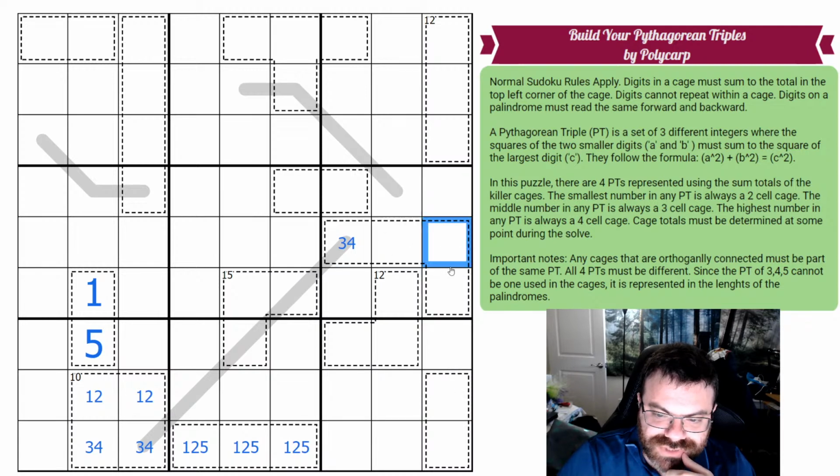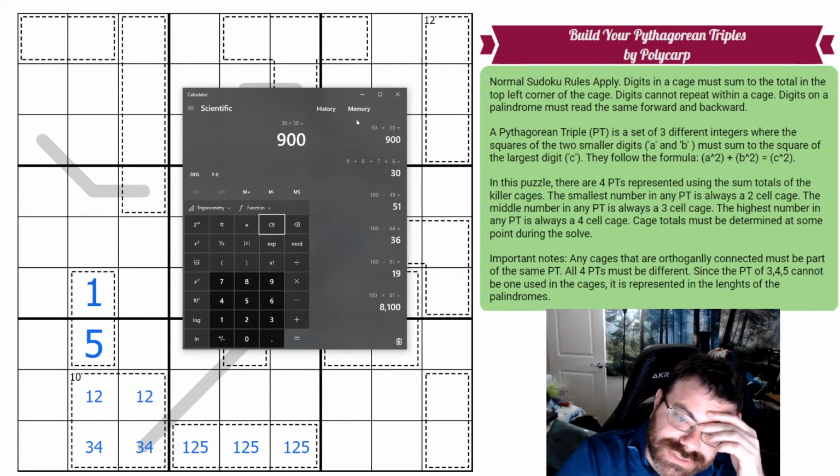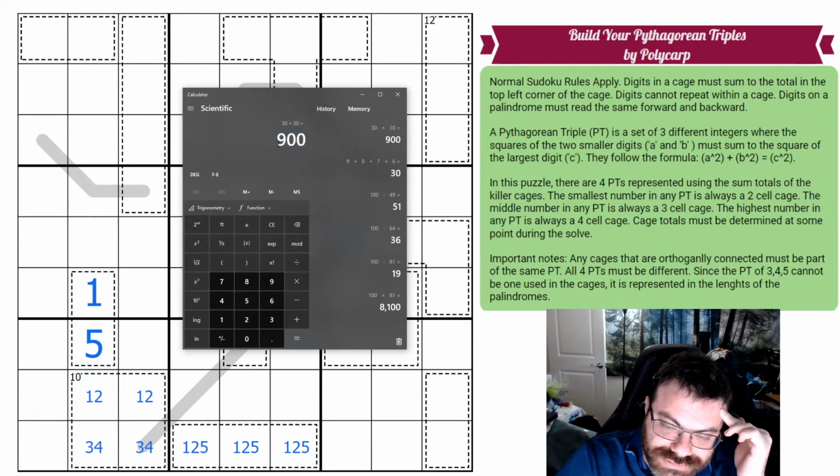Trying to think what the maximum of a 4-digit... So 900 is our maximum hypotenuse, technically. 12, 16, 20.